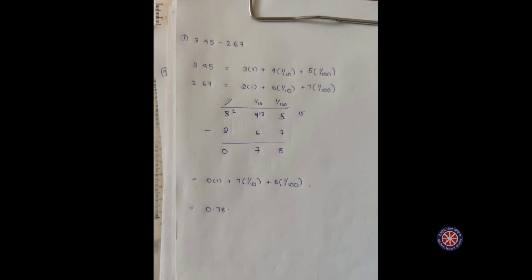Let's write it in a decimals table: ones place 3 and 2, 1 by 10's place 4 and 6, 1 by 100 place 5 and 7. Here clearly 7 is greater than 5, so we borrow 1 from 4. Then 4 becomes 3 and 5 becomes 15, as you do in normal subtraction. So 15 minus 7 is 8.